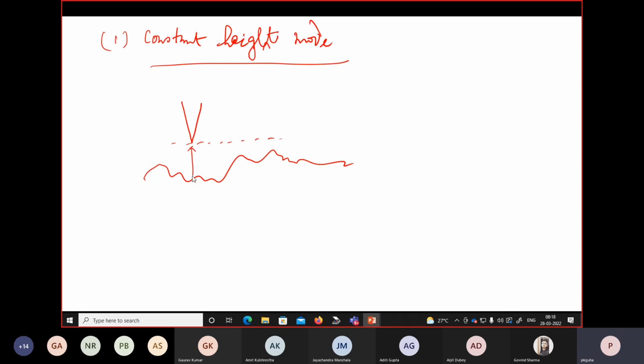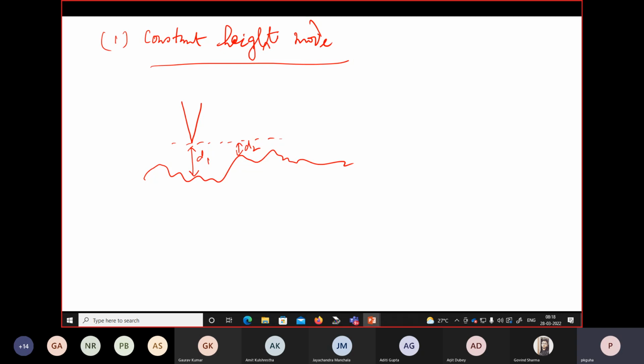So you see at this point you will have one distance, at another point you will have some other distance, okay. So you will get different current at different positions of the nanostructure. So we can map that change in current with the profile of the nanostructure.